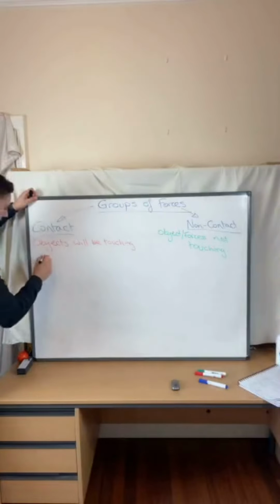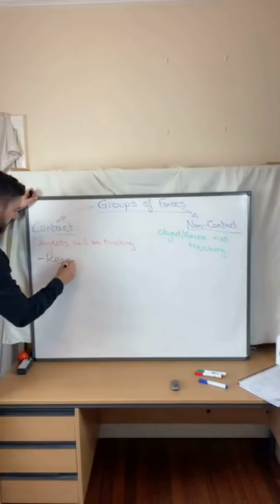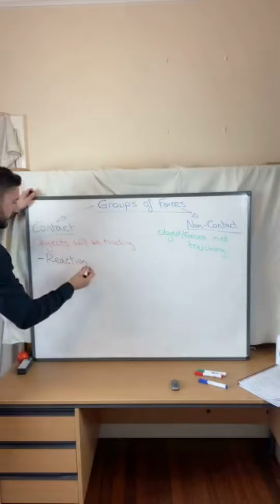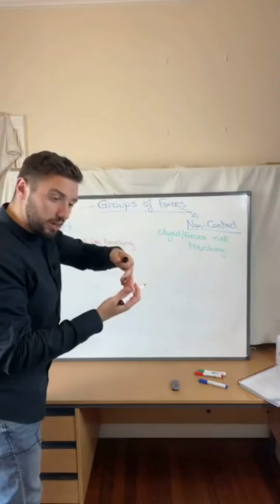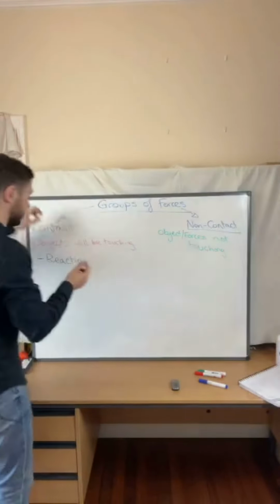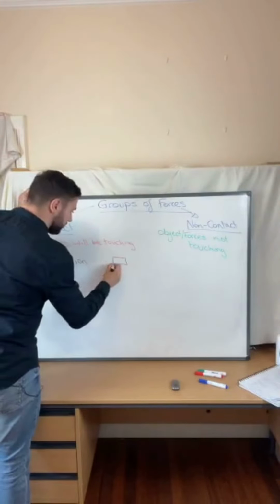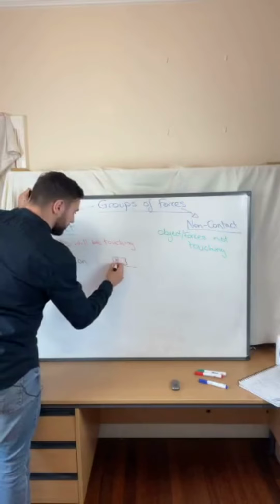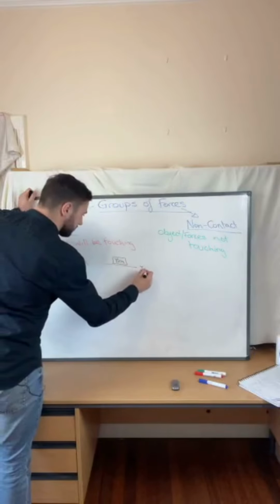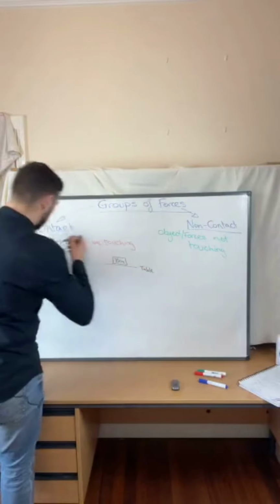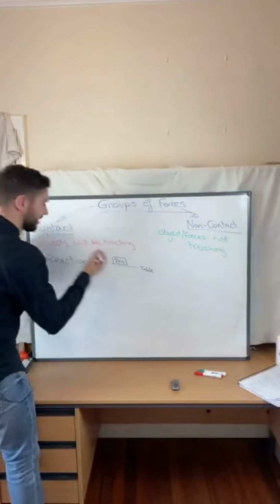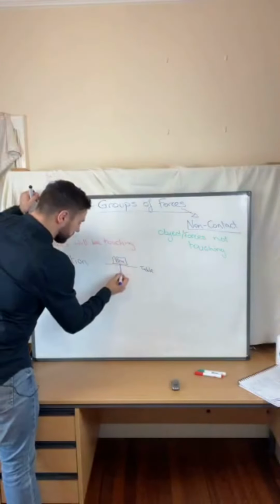So we've got reaction. Reaction I spoke about earlier. Reaction is when you have two surfaces touching and they're acting in equal and opposite directions. So reaction forces might be something like a box on a table. The box is acting downwards on the table.